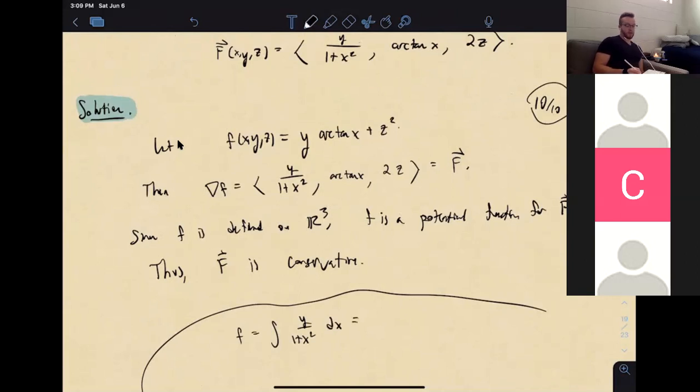So what would that look like? Well, y is constant. The antiderivative of 1 over 1 plus x squared is arctangent. So I know this would have to look like y arctangent of x plus possibly some function of y and z. And then you could go from there.